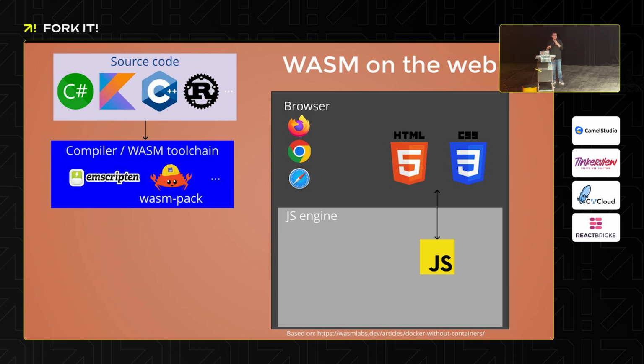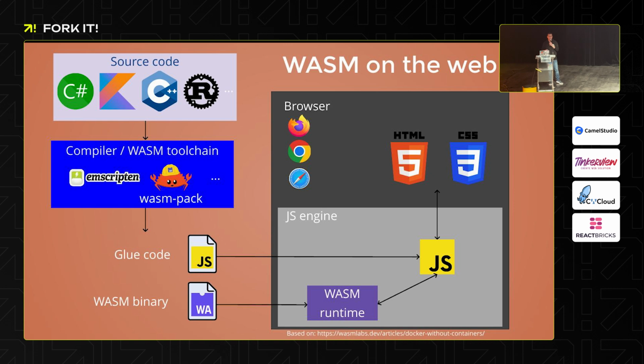The most famous one is Emscripten, but there are many more depending on the language. Once you compile your code into WebAssembly, you will have your WASM binary and some JavaScript glue code. It allows the WASM code to interact well with your browser. Once you have this, you just need to load your WebAssembly file and your glue code into the project, and you have access to another language in your web application.